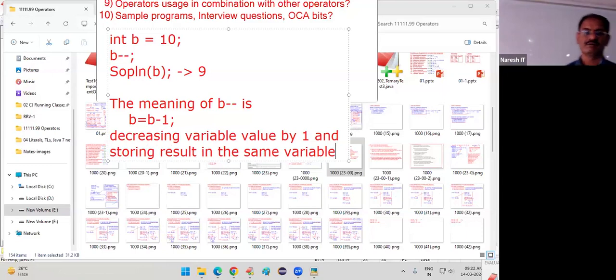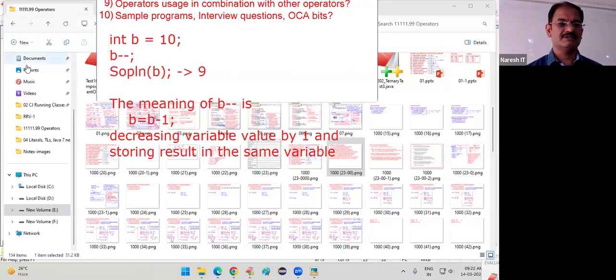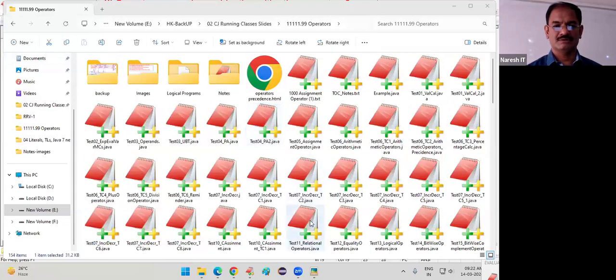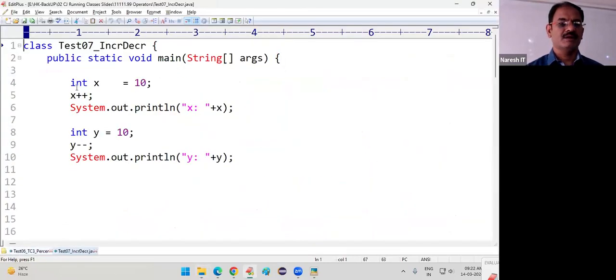Everyone understand? Now let's see a small program on this. I take a variable named x.